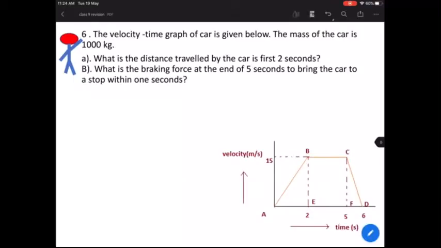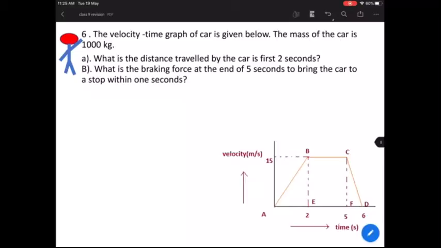Okay, let's look at the next question now. The velocity time graph of a car is given below. The mass of the car is 1000 kgs. Okay, what is the distance traveled by the car in the first 2 seconds?